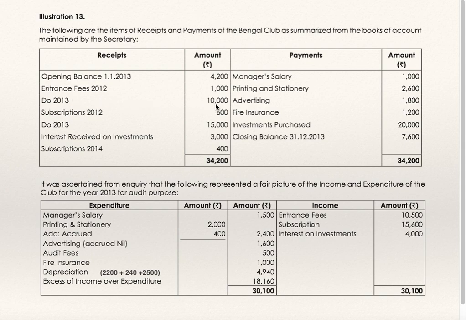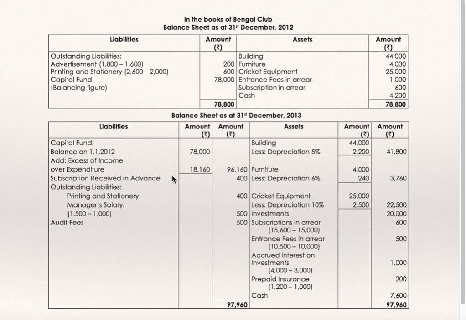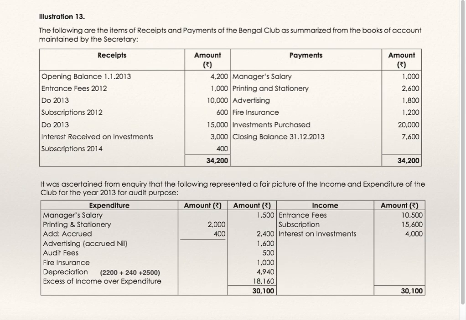Entrance fees for the current year they have received 10,000, but as per income expenditure account, current year's entrance fees are 10,500. That means 500 entrance fees are outstanding, which will go to closing balance sheet assets. Closing balance sheet assets, entrance fees in arrears 500. Next, subscription for 2012, 600, last year's outstanding.